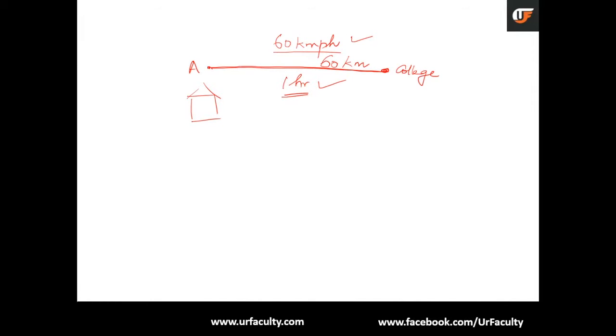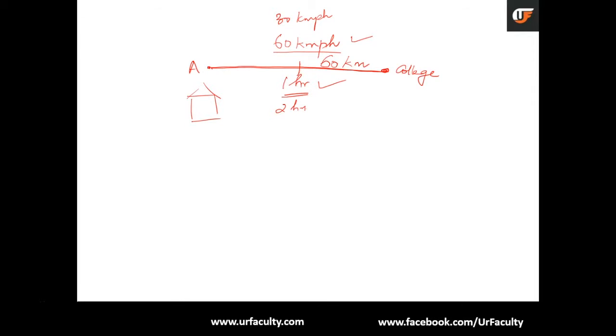If the distance between your college and home is 60 km and you travel at 60 km per hour, you reach in 1 hour. If you travel at 30 km per hour, you reach in 2 hours. I'm sure this is a straightforward thing. Now, what is your distance with respect to your house after half an hour?